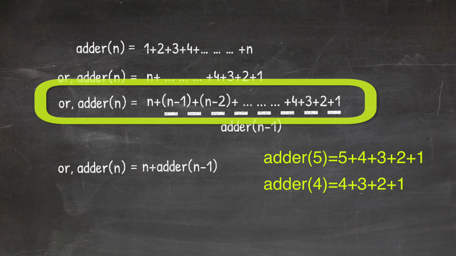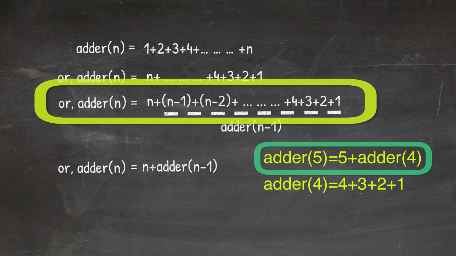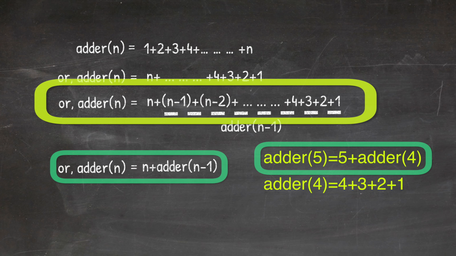Therefore, we can replace 4 plus 3 plus 2 plus 1 in the adder 5 equation by adder 4. That is, we can write adder 5 is equal to 5 plus adder 4. Now, the general equation is adder n is equal to n plus adder n minus 1.